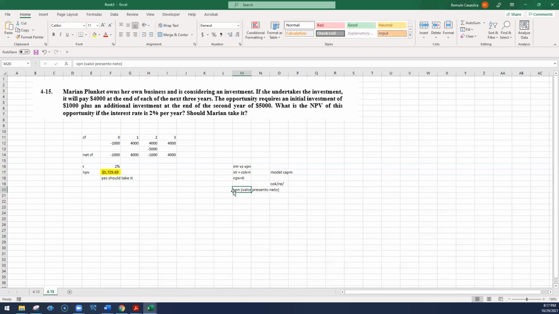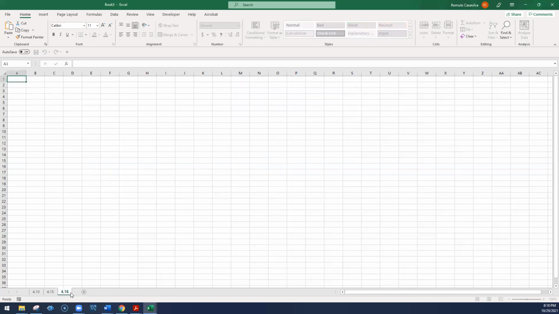Oh, that's why I put VP. Value today. This is in Spanish jargon, I guess. Valor presente neto really is the same thing. Like big houses, casa grande, things like that. You put the adjective at the end instead of in the front. Yes.